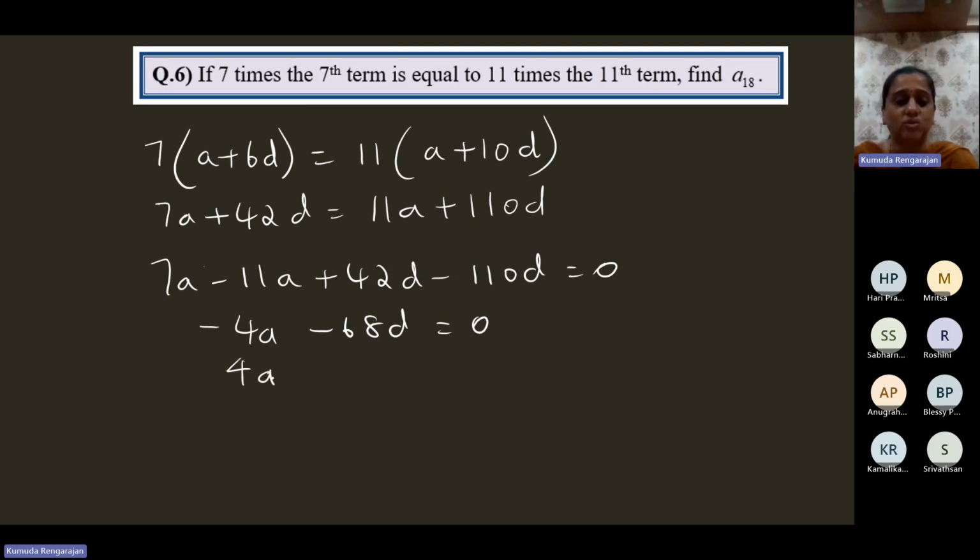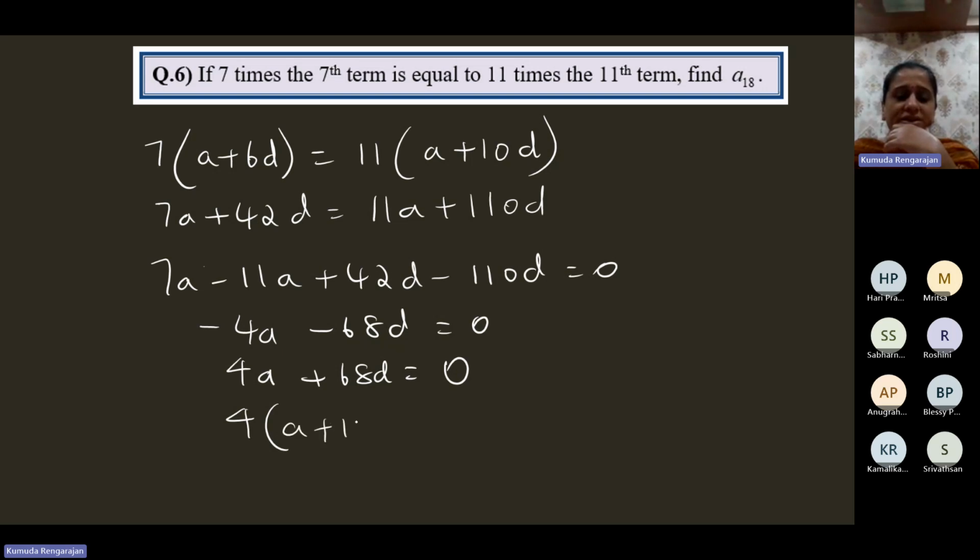So you'll get plus 4A plus 68D, and 0 is neither positive nor negative, so it remains 0. But if you had some other number on the other side, then you should change the sign there. Now take out 4 common, or divide by 4 throughout.